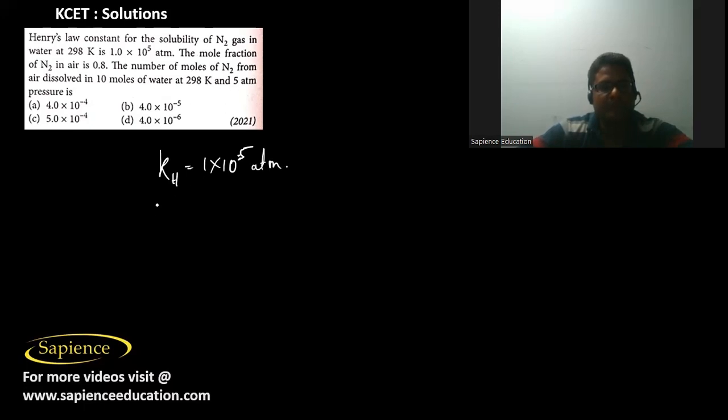The mole fraction of N2, chi of N2, in air is 0.8. The question asks for the number of moles of N2 from air dissolved in 10 moles of water at 298 Kelvin and 5 atmosphere pressure.